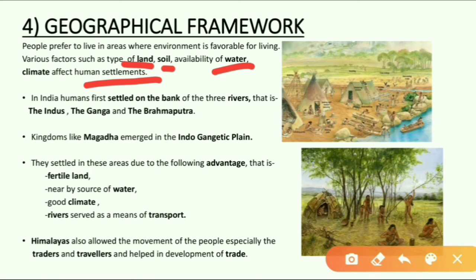And plus a good climate; these were all the factors according to which people lived.